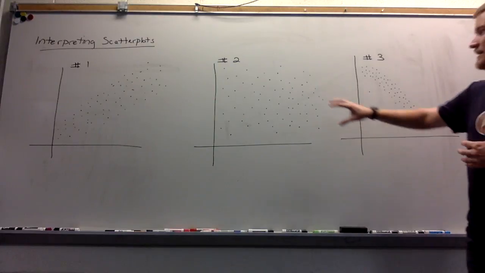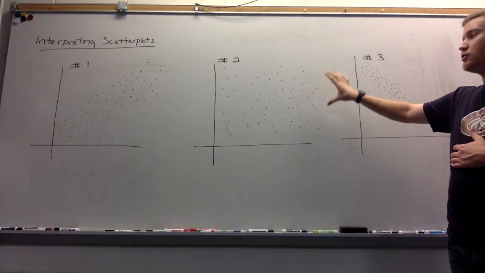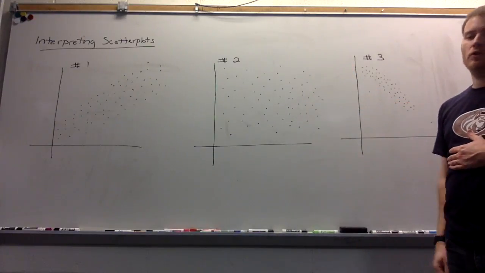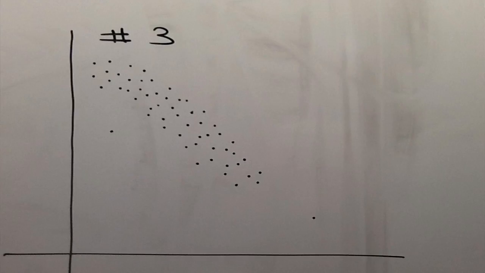This is also an example of no correlation because it has a very, very small strength of correlation. Whereas graph number 3, yes, it's a negative association because it's going down. But graph number 3 shows us a very strong association. This would be a strong correlation or strong association.